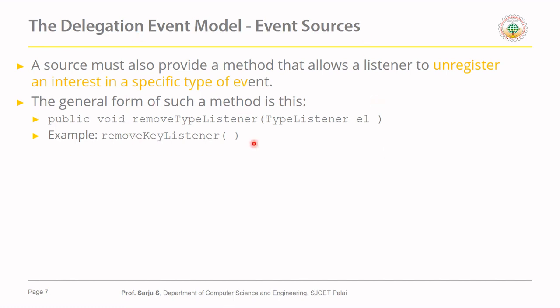In the previous slide we discussed add key listener, the method used to add a keyboard listener. If you want to remove that keyboard listener, we can use remove key listener. Here the type specifies the type of the listener already registered with the source.